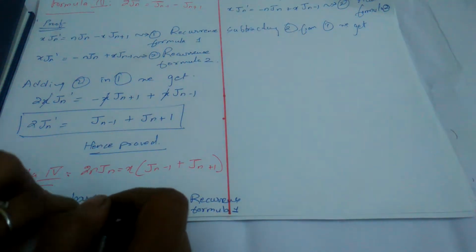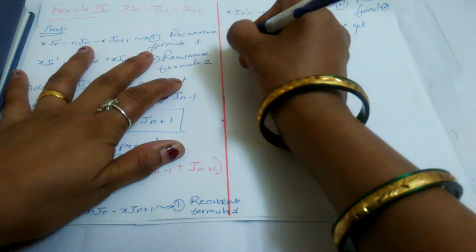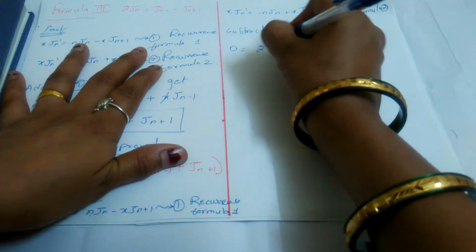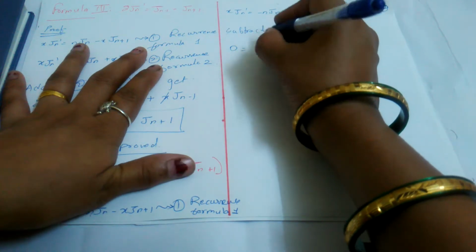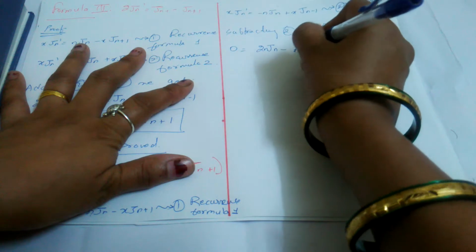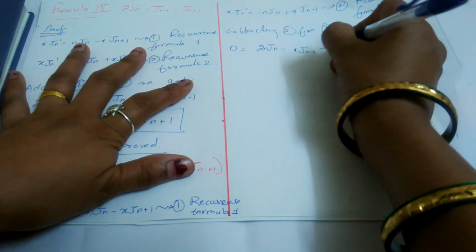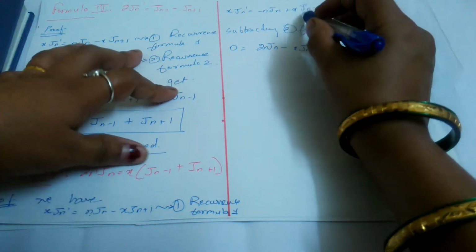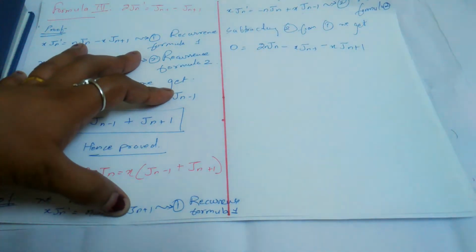So we will get this term as 2 Jn minus x Jn minus 1 minus x Jn plus 1. So minus 1 will be there and this plus 1 will be there.